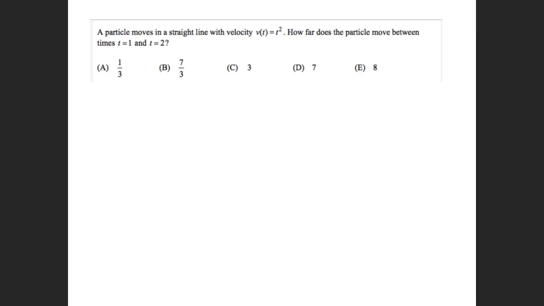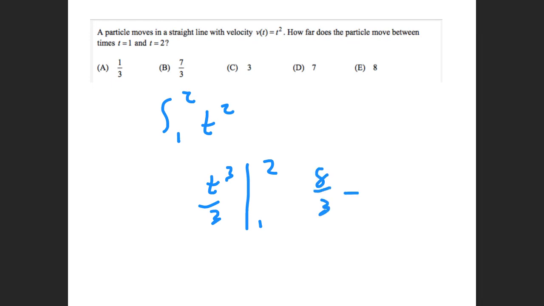So how far does a particle travel? The integral from 1 to 2 of t squared. So what is that going to be? That's going to be t to the third over 3 from 1 to 2. If I put 2 in here, that's 8 over 3 minus 1 over 3. So 7/3.